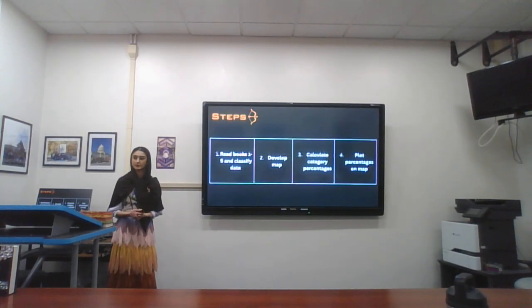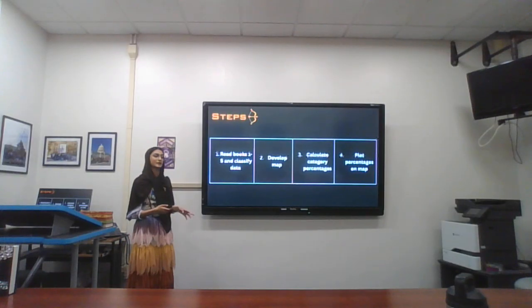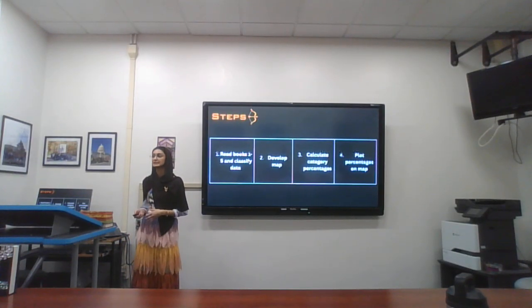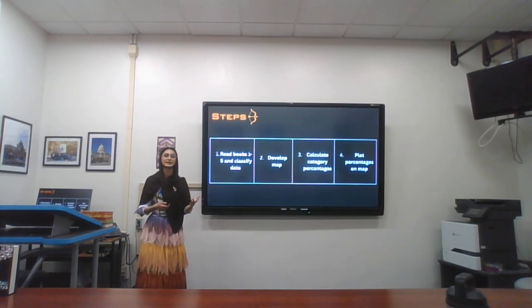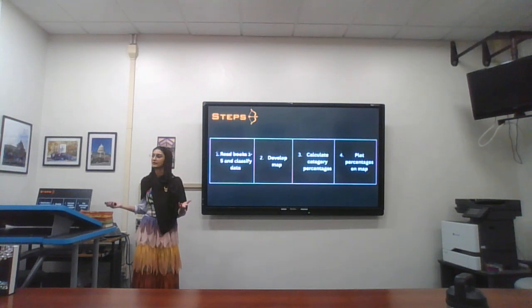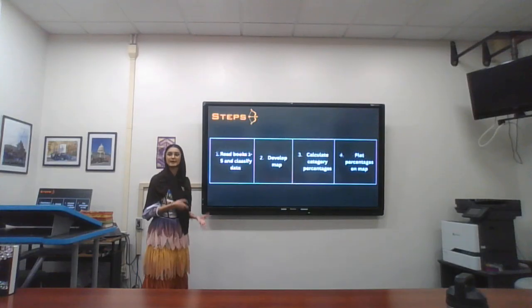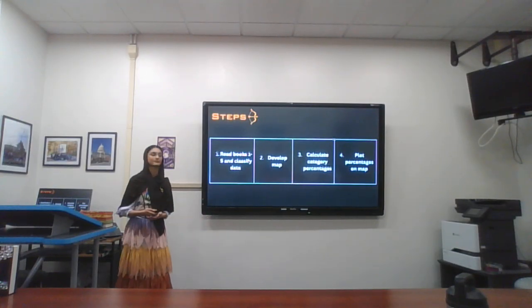These are the steps I was going to follow. First, I would start by reading books 1 to 5 and classifying my data in accordance with the coding scheme from earlier. Then I would develop my map using the combination of book quotes and location quotients. Then I would calculate the category percentages as they appear in the coding chart. And lastly, I would take those percentages and plot them on my map to get a spatial distribution.